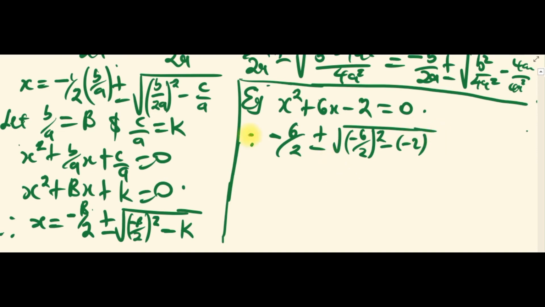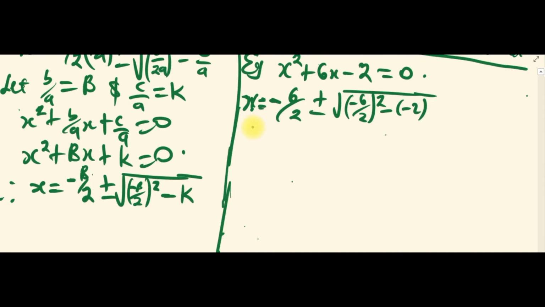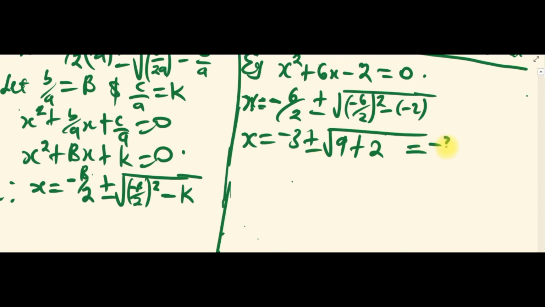So x equals minus 3 plus or minus, minus 3 squared is 9, plus 2. So which is now equal to minus 3 plus or minus square root of 11.